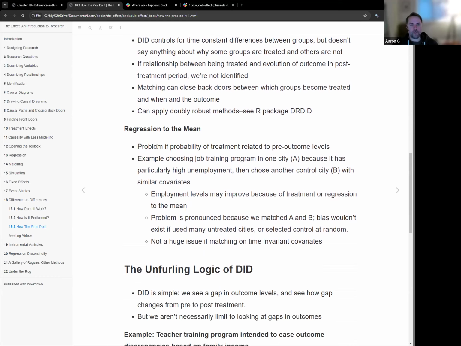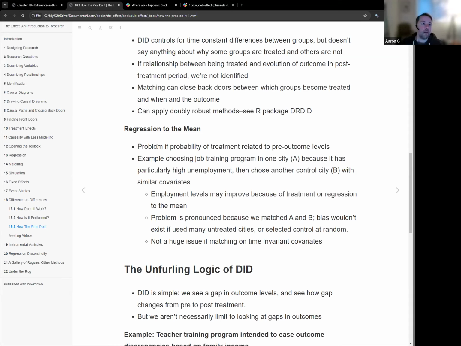Of course, this example that I just talked about can be problematic also because of regression to the mean, right? Again, where you're choosing your treatment group based on how the outcome looks pre-treatment, right? So high unemployment in a particular city might just be the result of random noise or factors that we can't determine easily, right?